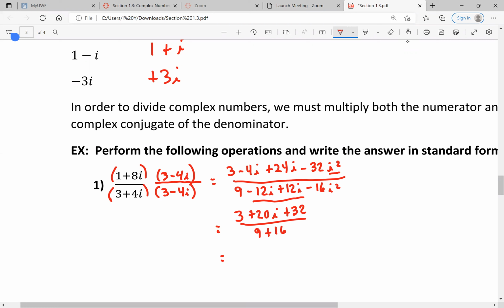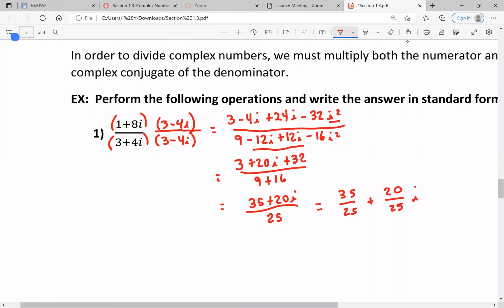So I'm looking at 35 plus 20i over 25. Now, traditionally again, this becomes 35 over 25 plus 20 over 25i. And this can be reduced to 7 over 5 plus 4/5 i.